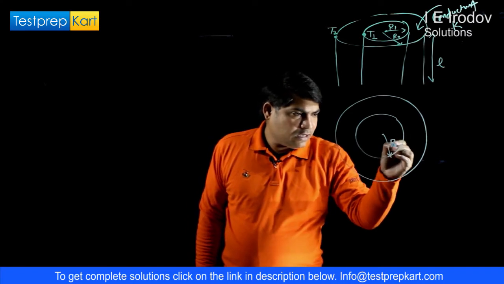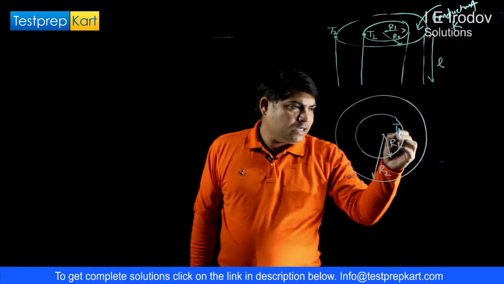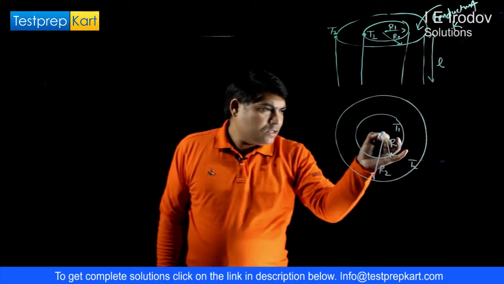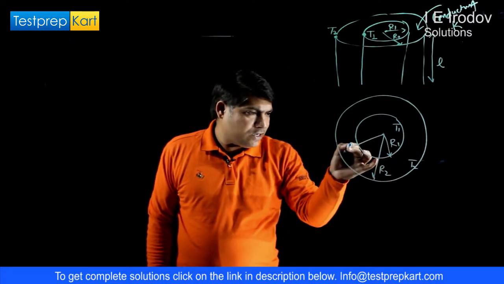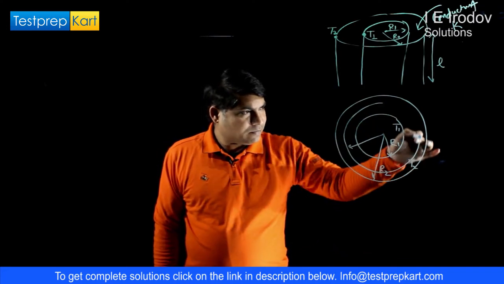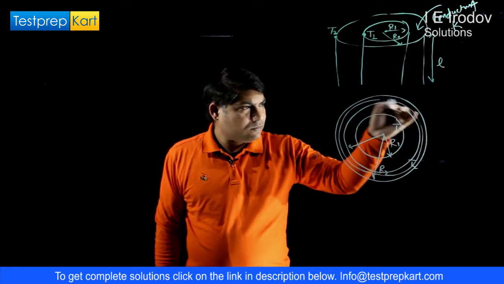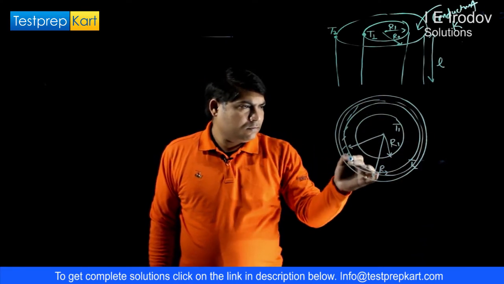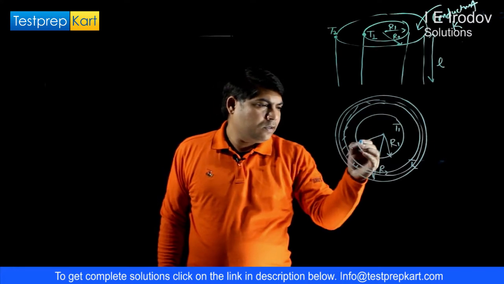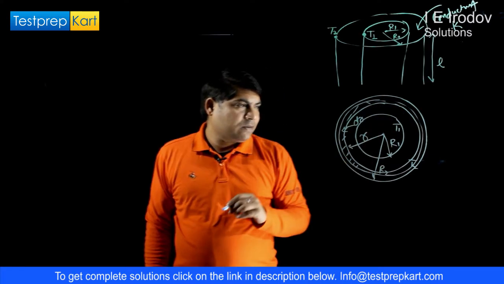This is radius R1, radius R2, temperature T1 and temperature T2. Suppose we move forward and cut a small strip here at any distance r. This is at any distance r, the width of this strip is dr.